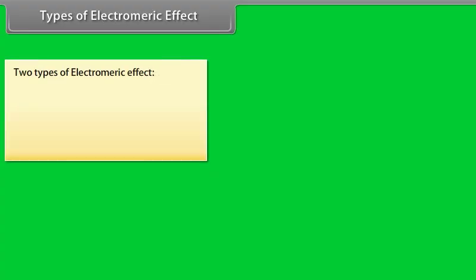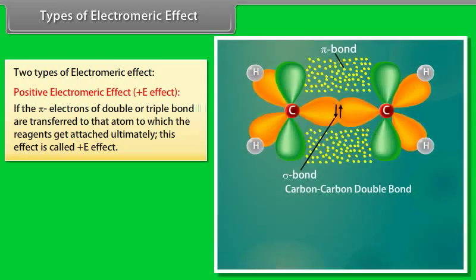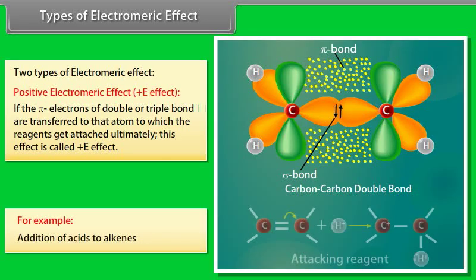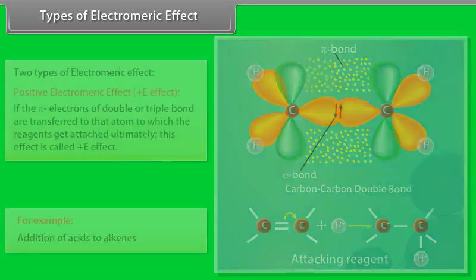There are two types: positive electromeric effect, positive E effect. If the pi electrons of a double or triple bond are transferred to that atom to which the reagent ultimately gets attached, this effect is called positive E effect. For example, addition of acids to alkenes.